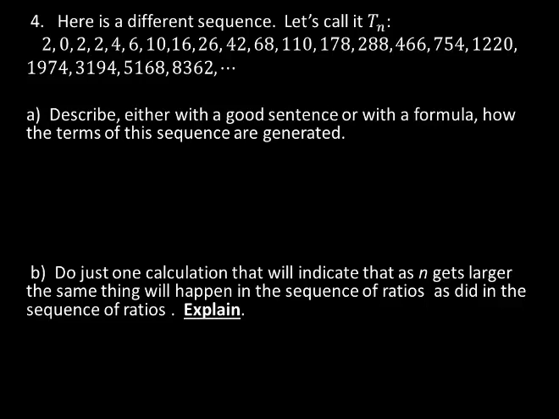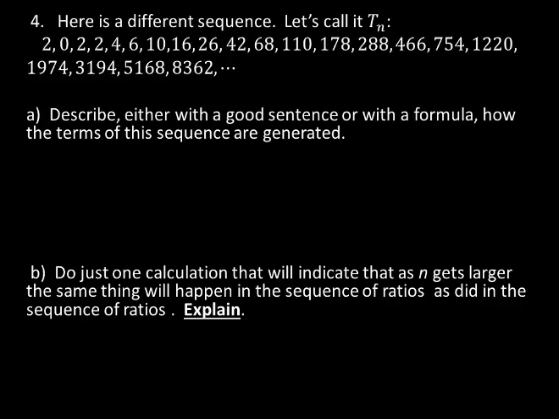Part A, describe either with a good sentence, and by that I mean a sentence with a period, a noun, a verb, etc., an English sentence, which is much harder, I think, than just giving a formula.